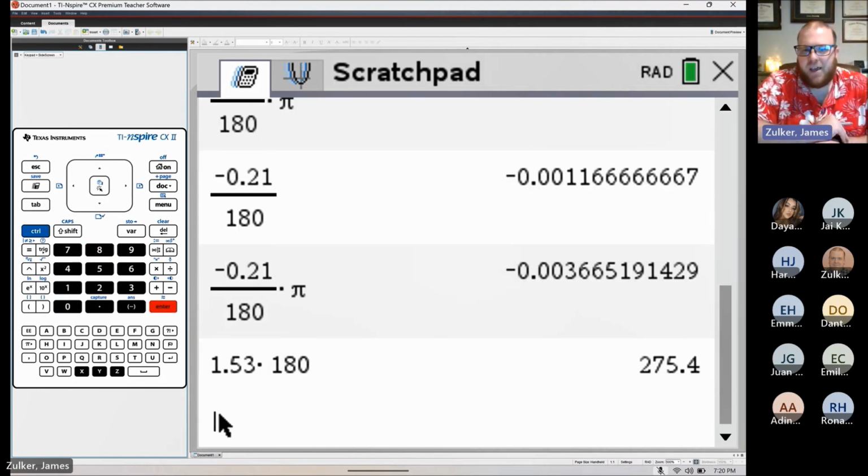We can keep it in terms of pi. 1.53 times 180 would be 275.4, which would round to 275.